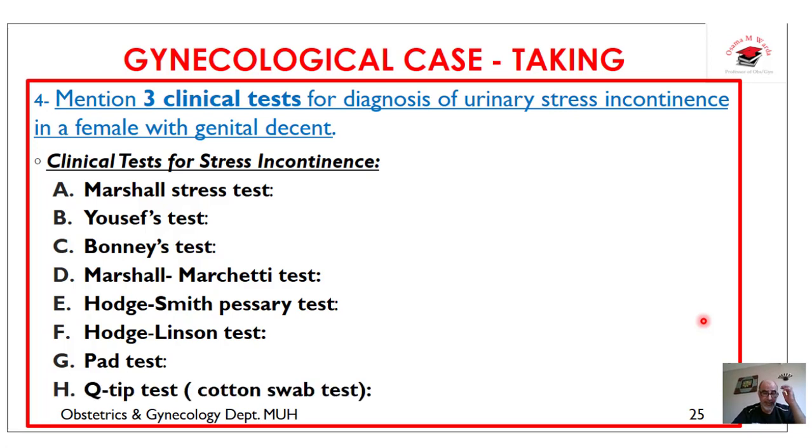Lastly, the Q-tip test to assess the bladder angle in cases of bladder angle mobilization. These tests are explained in a separate slideshow.